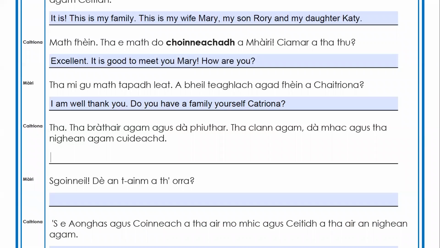Tha bràthair agam agus dithis pheathraichean. Tha clann agam, dithis mhac agus tha nighean agam cuideachd. So tha, yes, I have. Tha bràthair agam agus dithis pheathraichean. I have a brother and two sisters.